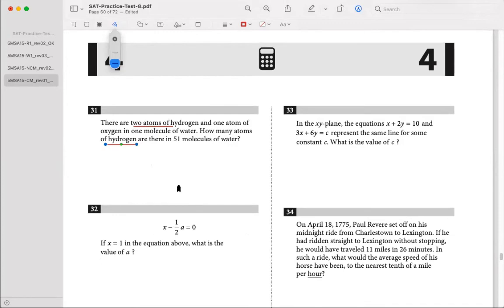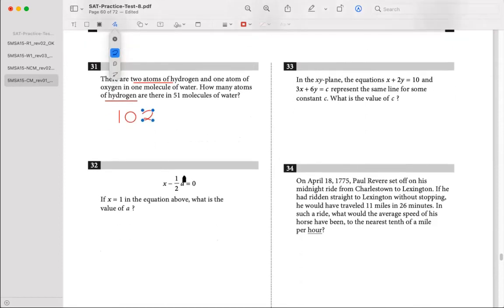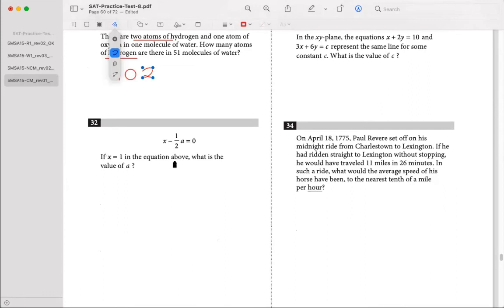Double it, so there's 102 hydrogen atoms. You just set up the proportions. Okay, if x equals 1, what is the value of a? So 1 minus 1 half a equals 0. Minus 1, so times 2 over 1. So a is negative 1 half.